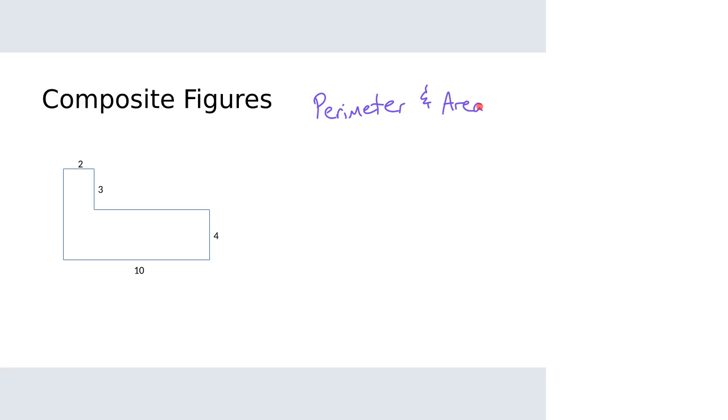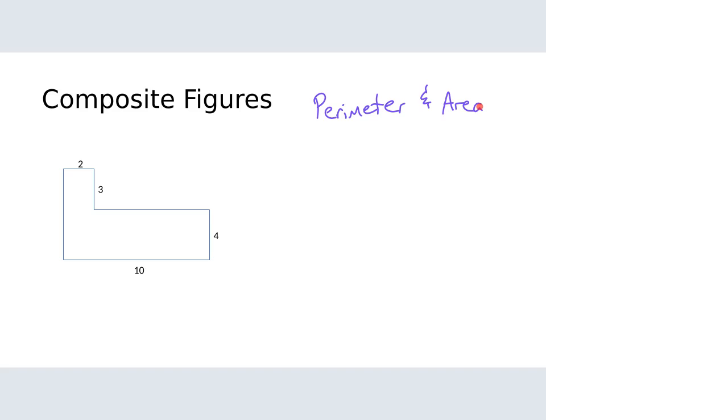For perimeter, your instinct is right. I'm going to add up all the sides. What am I going to do to find the area? Because I don't have the formula for the area of an L shape. There's a couple of different ways you can go, but one is more common than the others.